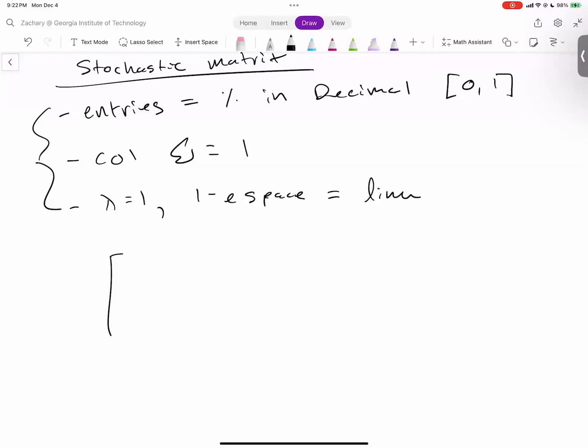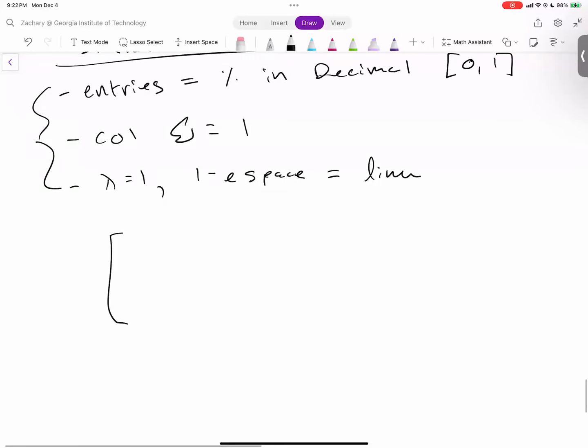So what this could look like: if we have a stochastic matrix A that looks like 0.7, 0.6 for my first row.